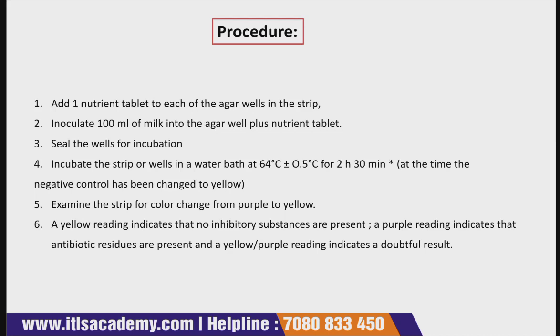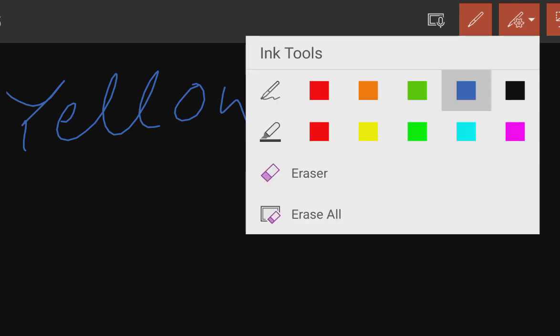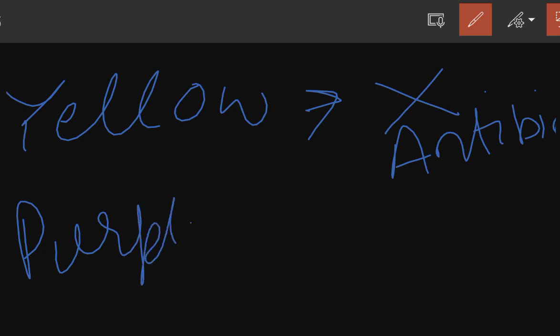But if it is yellow, then it indicates that there is no antibiotic residue. So if the color is yellow, there is no antibiotic residue, and if it is purple, then yes, antibiotic residue is present.